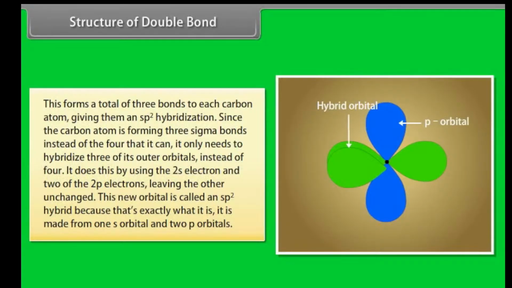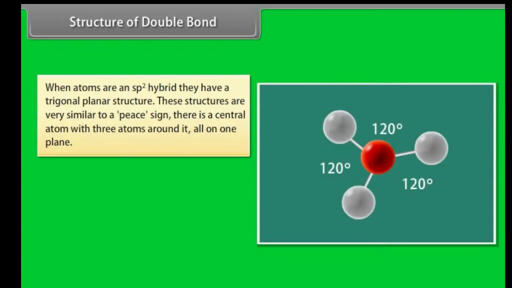This new orbital is called an sp2 hybrid because that's exactly what it is. It is made from one s orbital and 2 p orbitals. When atoms are an sp2 hybrid, they have a trigonal planar structure. These structures are very similar to a peace sign. There is a central atom with 3 atoms around it, all on one plane.